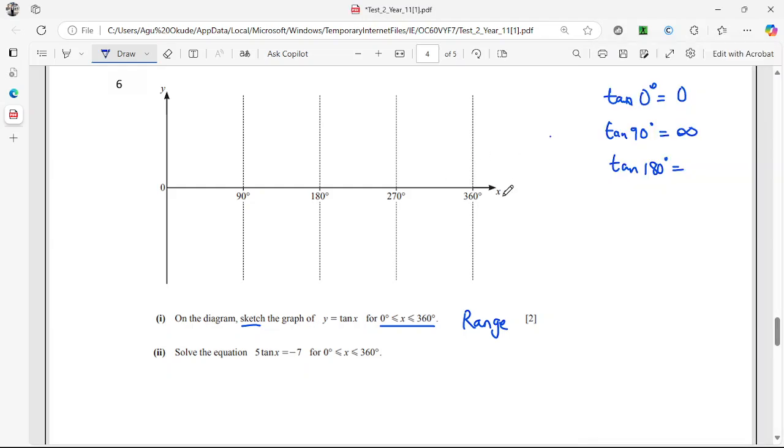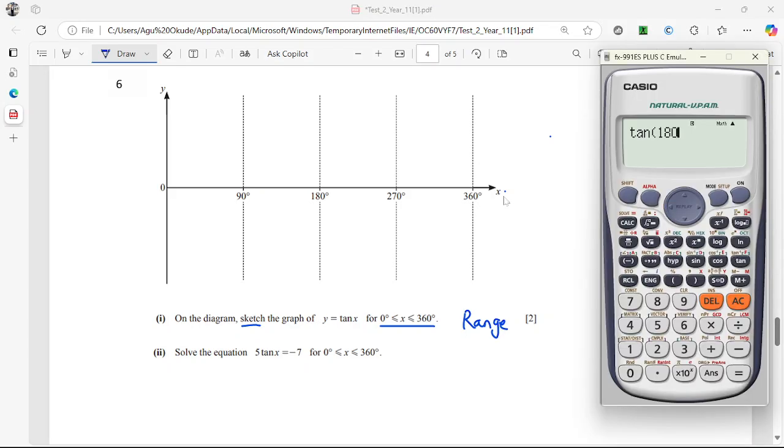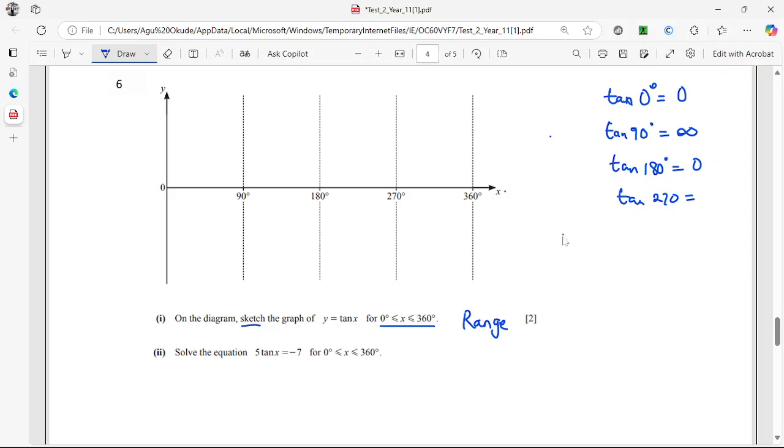So I have my 0 here. Now I'm going to do tan 270 degrees, and that's math error, so that shows that it is also undefined. Lastly, I'm going to do tan 360 degrees.